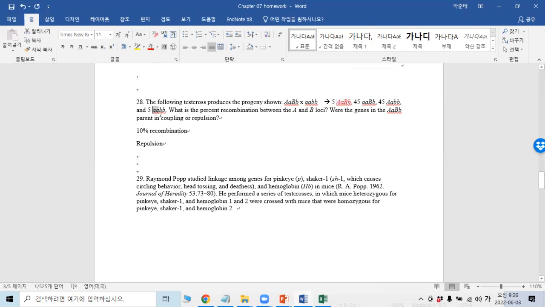Another one is also exactly the same as parents. It means that the recombinant progeny is exactly the same as the parents. So in this case, we call it a repulsion. We also can calculate the recombination frequency. Total is 100, but the recombinant ones are 5 plus 5, so it will be 10%.